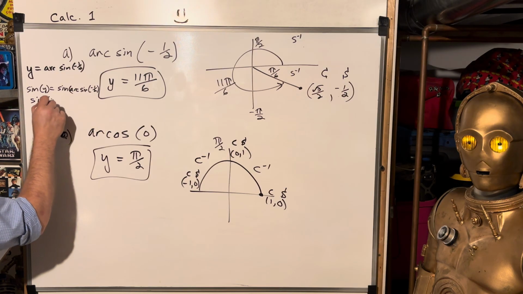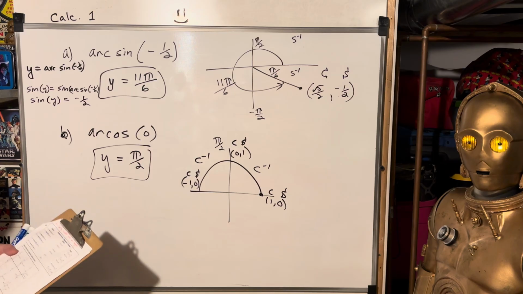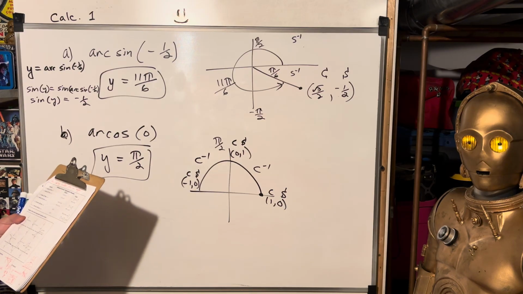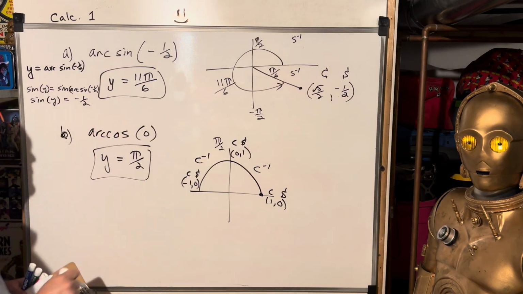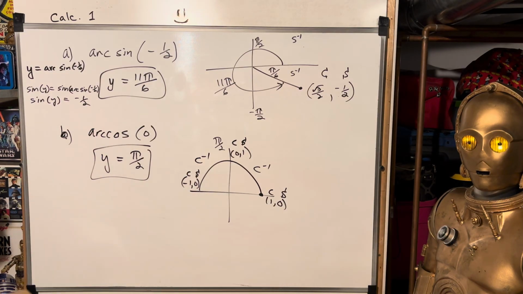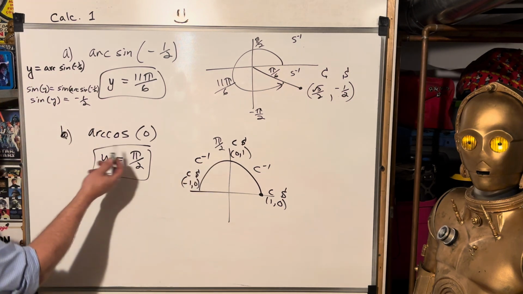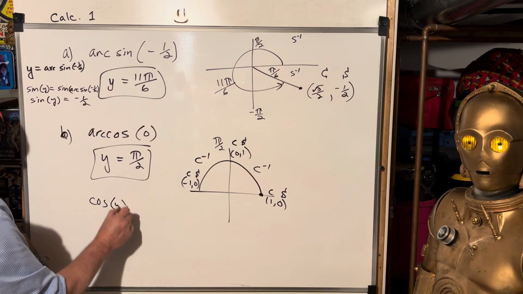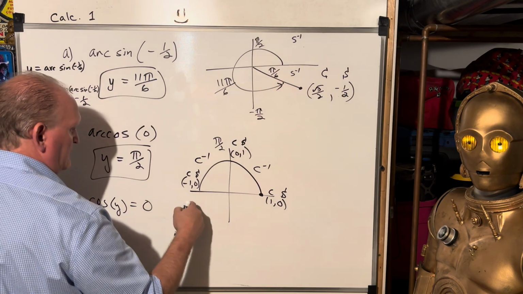So I'm just going to have the sine of y is equal to negative 1/2. So when is the sine of y equal to negative 1/2? And 11 pi over 6. So arc cosine, oh, I left a c off of there. Arc cosine of 0, that's going to be pi over 2. That again is asking the cosine of what angle is 0. But it's got to be from just 0 to 180.